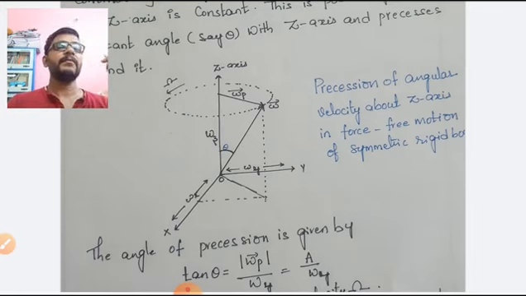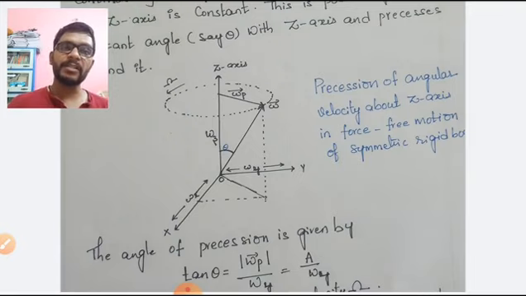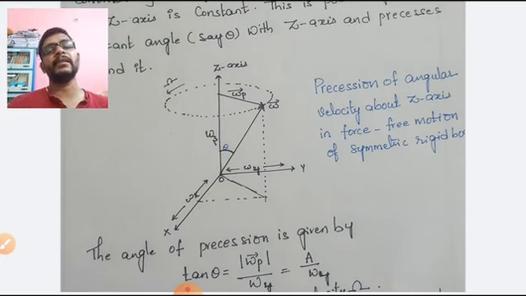That rotation of the rotating axis is called precession. If the rotational axis of the top itself rotates about the vertical line, then it is called precessional motion.